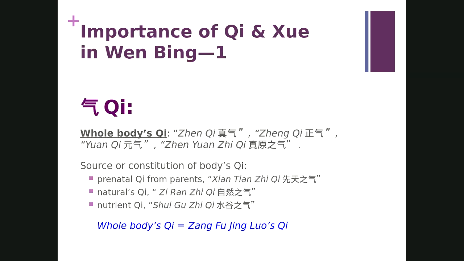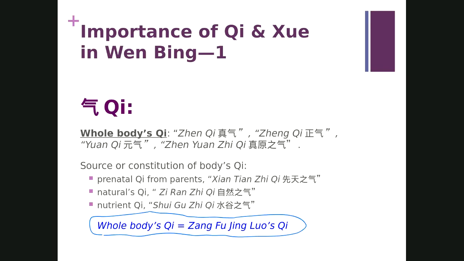Now, just to review a little bit what qi means. The qi here you learned includes zhen qi, yuan qi, or zhen yuan zhi qi, gu qi, prenatal qi, postnatal qi, natural qi. Basically, when we're talking about the whole body's qi, it equals the zang organs' and jingluo's qi, so it's a kind of functionality in some way. We discuss a lot about this.